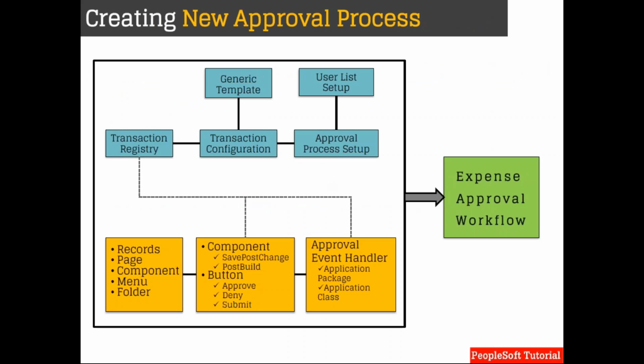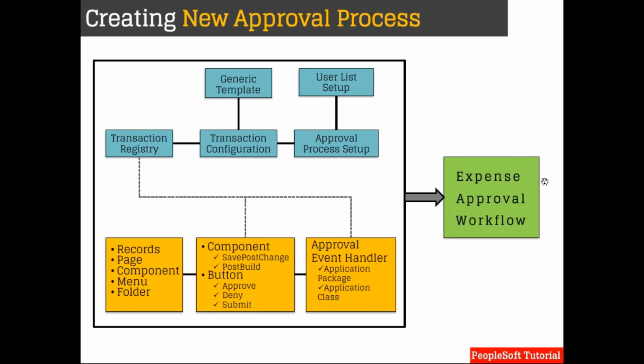So in this slide, we try to summarize all the steps required for creating a new approval process. Say we talked about an expense approval workflow requirement, which is a very simple requirement where one person needs to submit a transaction to provide what item, reason for expense and amount, and then just submit it.